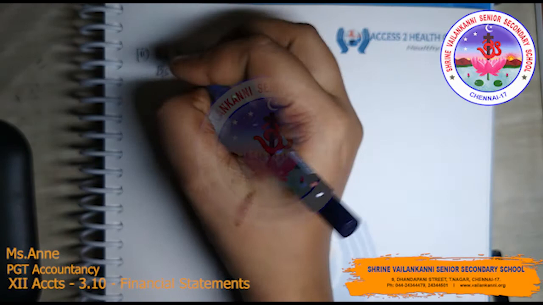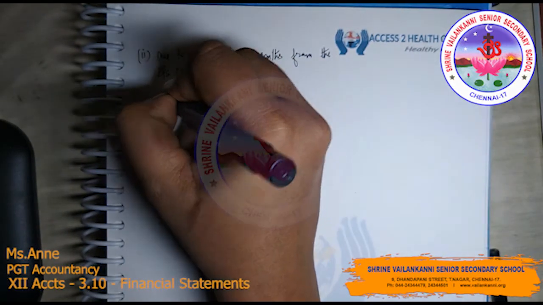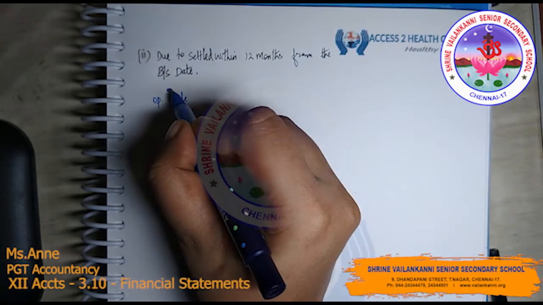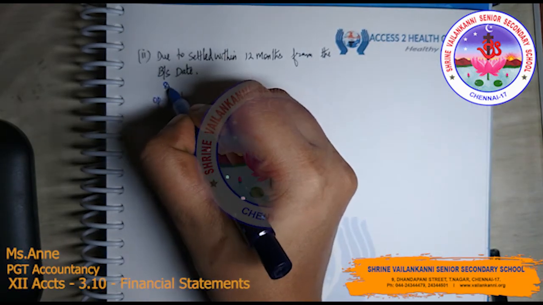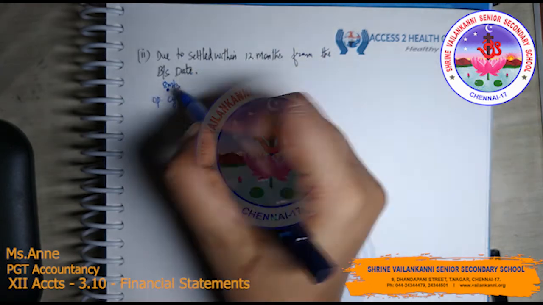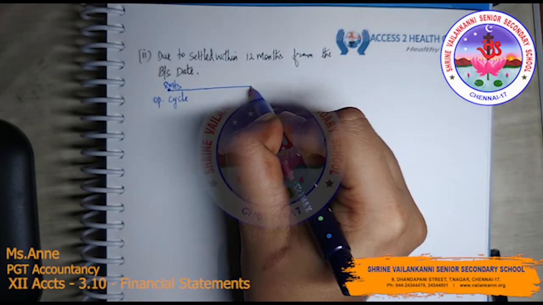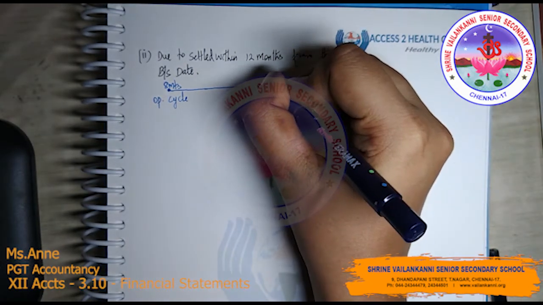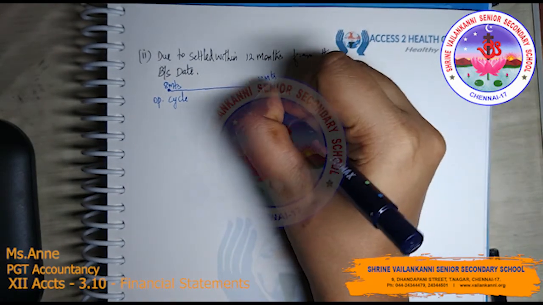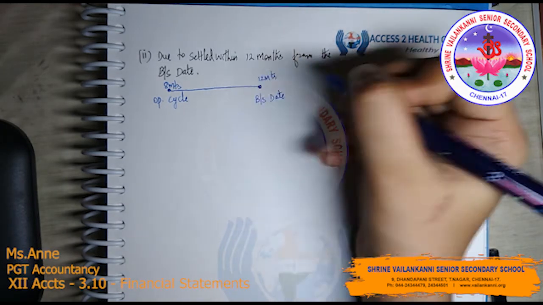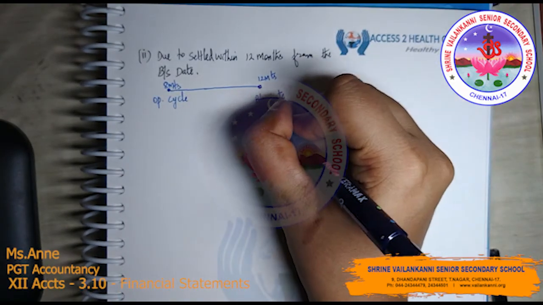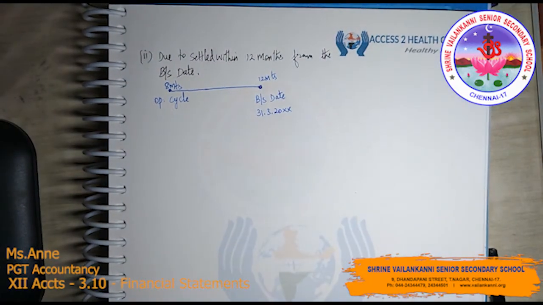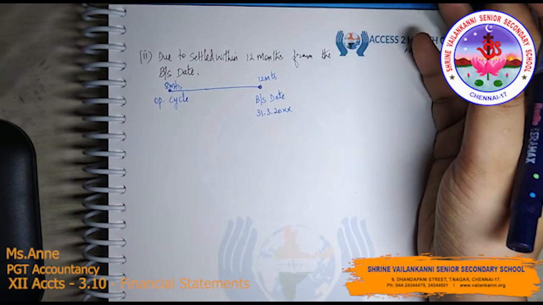Now, suppose our operating cycle is 8 months, eight months to the balance sheet date. This is the balance sheet date. Usually balance sheet date will be 31/3/2020 or whatever.